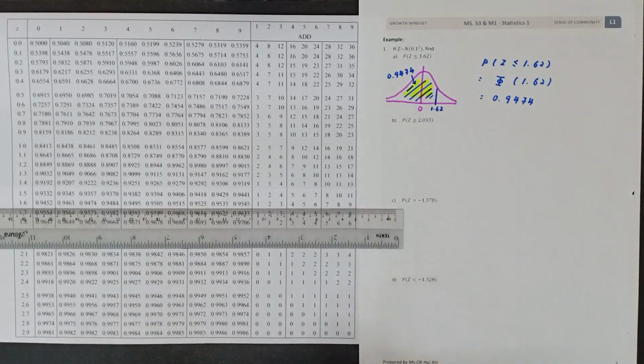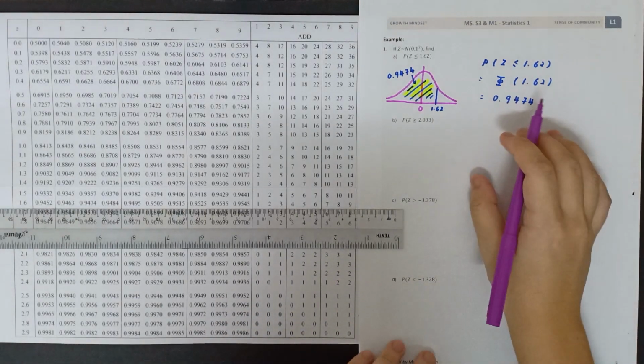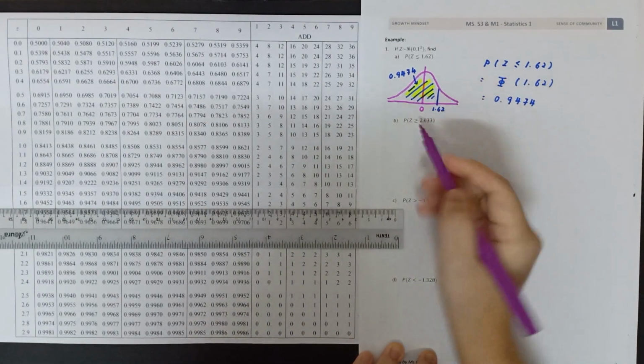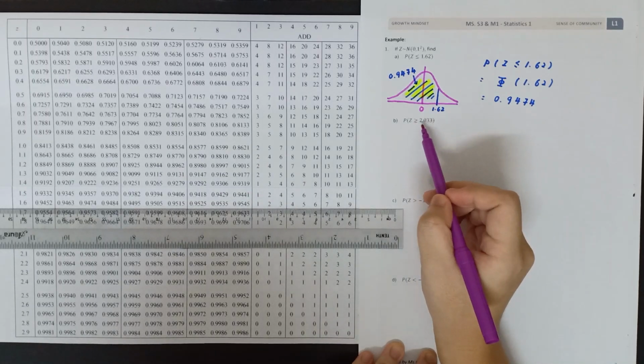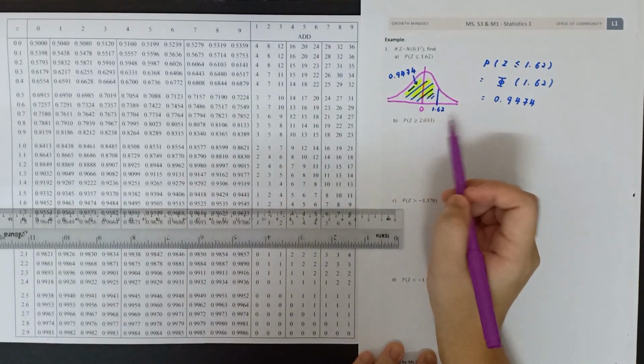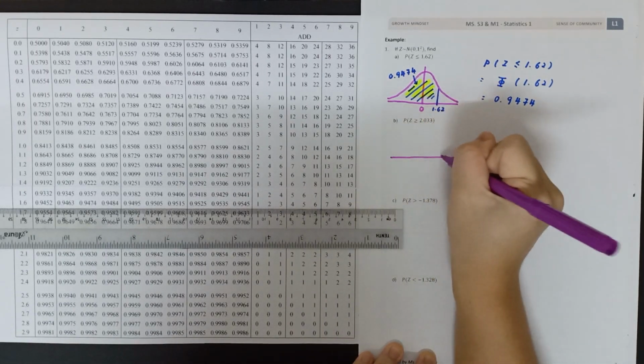So we are going to put it into a real life situation or application in the future, but for now you are just going to learn how to draw and how to find first. Okay, move on to B. We are going to draw it again. Now it's greater or equal to 2.033. So I'm going to draw like this.